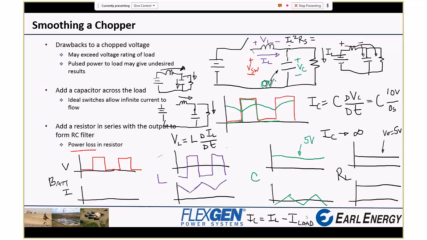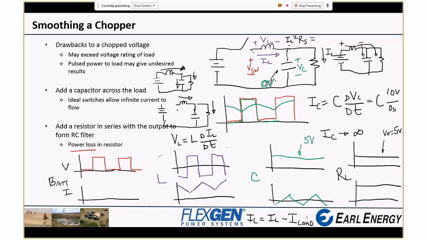If you tried to do this in a real circuit, you built up some current in the inductor and turned the switch off, this current would have nowhere to go. So the current would have to stop instantaneously. And by just the same thing we did over here with the capacitor, it doesn't matter what the change in current is, if you make that change instantaneously, you end up with infinity on the left side of the equation.